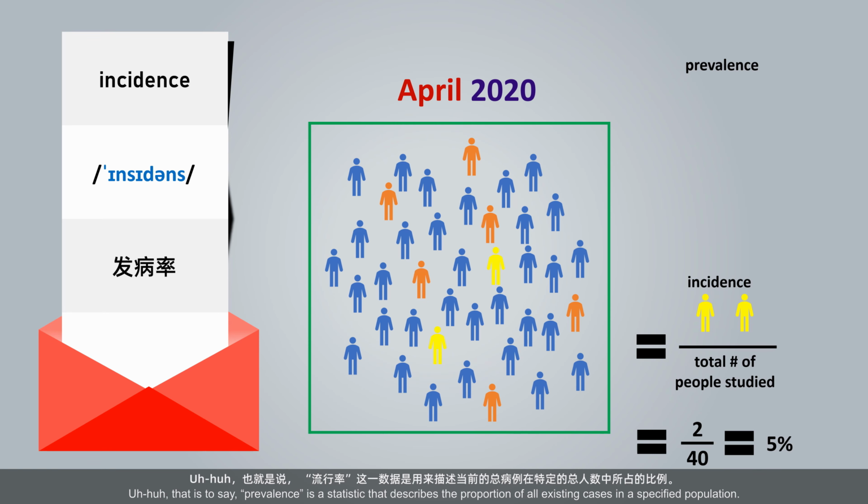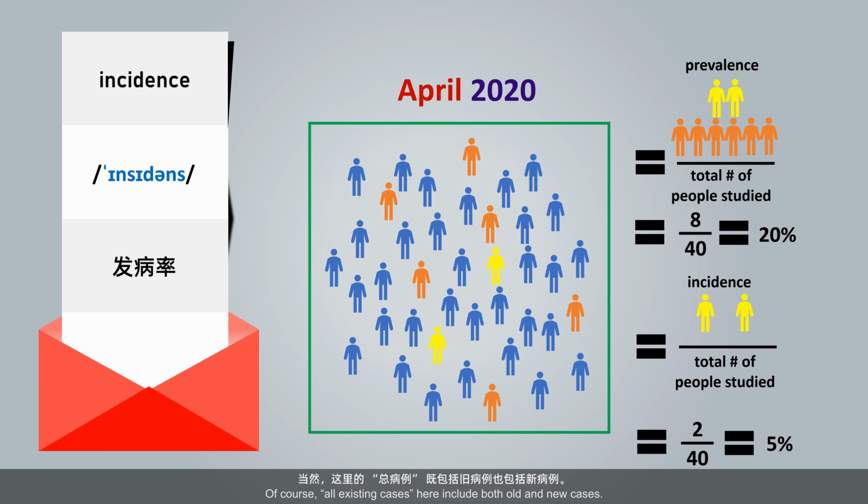也就是说，流行率这一数据是用来描述当前的总病例在特定的总人数中所占的比例。当然，这里的总病例既包括旧病例，也包括新病例。所以，当我们要计算该社区2020年4月份新冠肺炎的流行率，我们就需要把新旧病例的总和放在分子的位置，把社区的总人数放在分母的位置。 That's right.